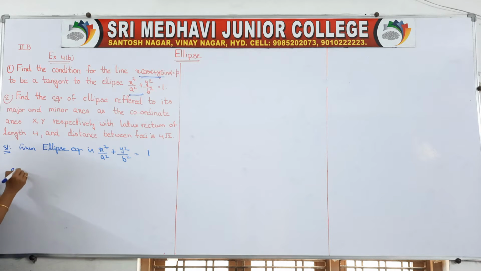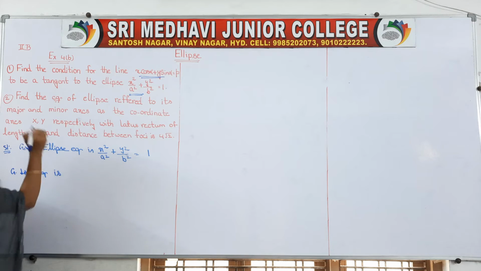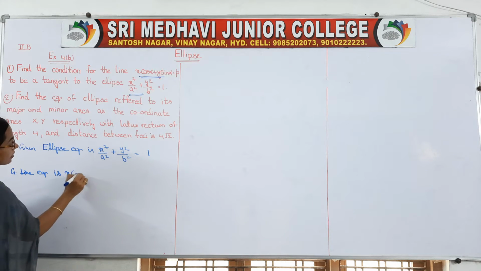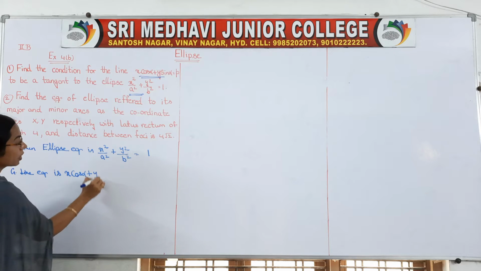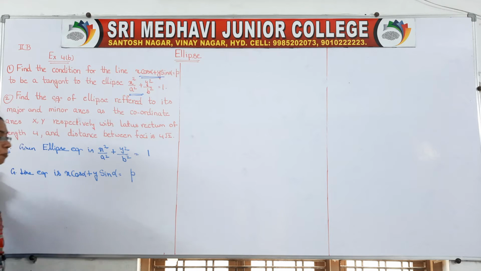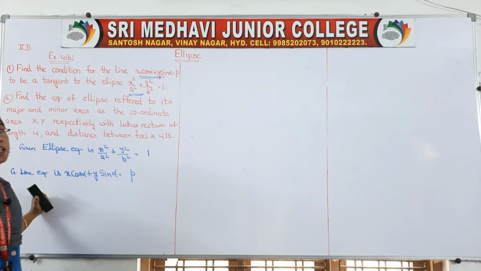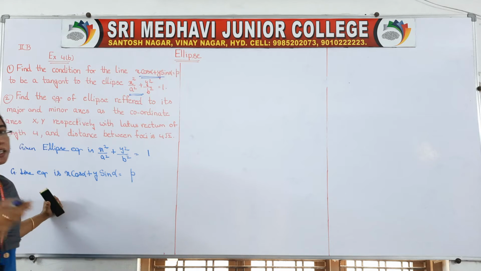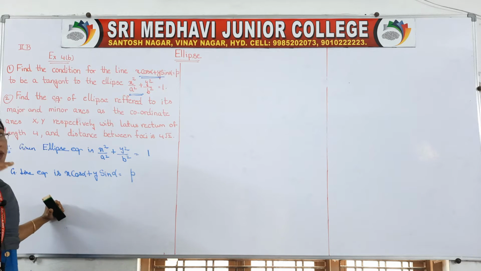What is that? Given line equation is x cos alpha plus y sin alpha is equal to p. What I said, if any line is a tangent to the standard ellipse, first we have to reduce that into y is equal to mx plus c form, so that we will get m value, c value.